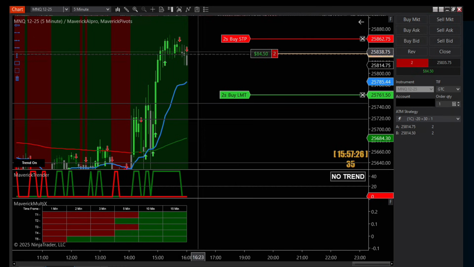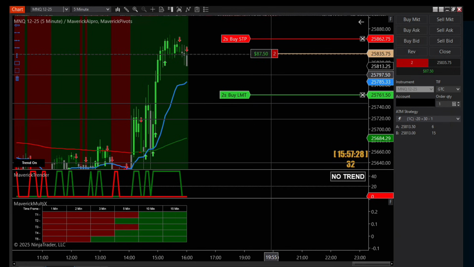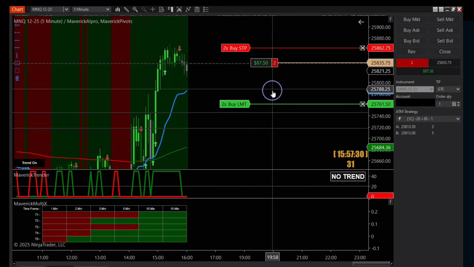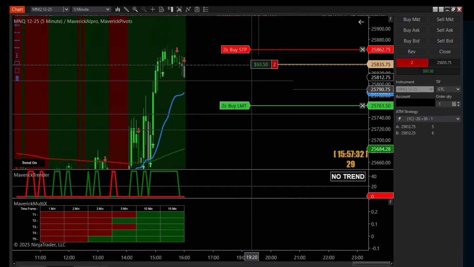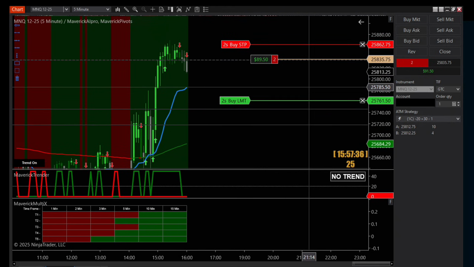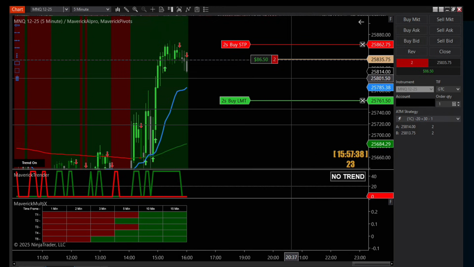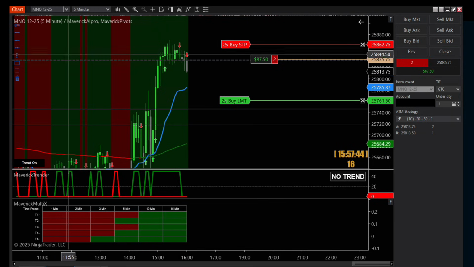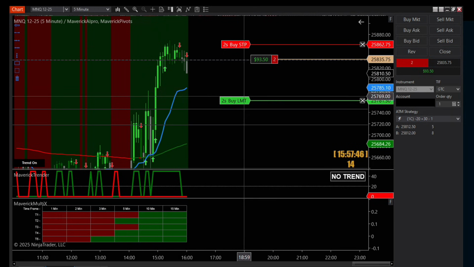So anyway, fighting with my emotions because I thought I was getting into 2 minis, and I'd be up $900 right now. But I'm up $90 because I'm in 2 micros. But it wouldn't be worth it. Me personally, I'm not going to close this trade, jump over to NQ, and get on. That's when you get hurt.